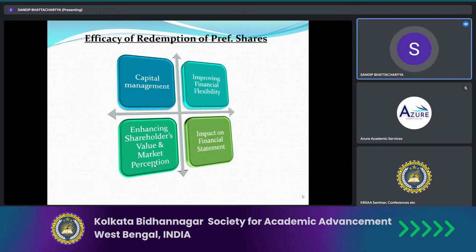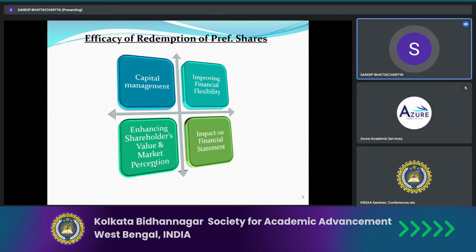it allows companies to manage their capital structure by reducing the number of outstanding preference shares traded in the market. You know very well that capital structure consists of own capital and debt capital, and this own capital includes the preference shares. So company management can reduce their capital by reducing the number of outstanding preference shares.